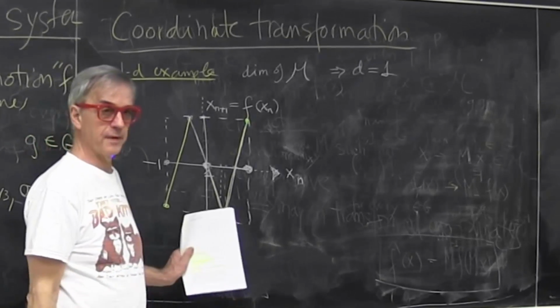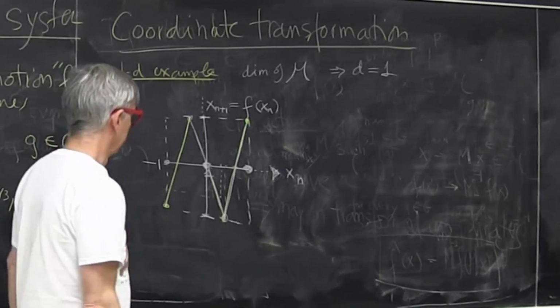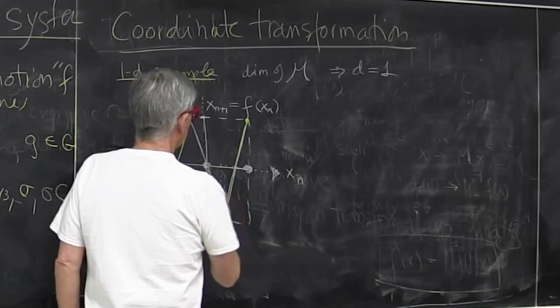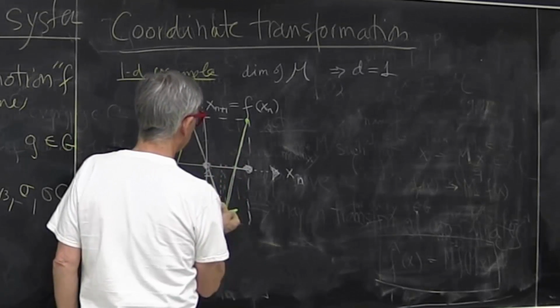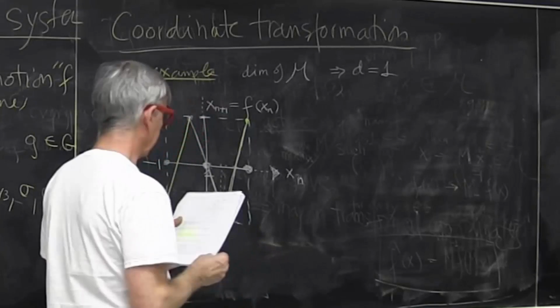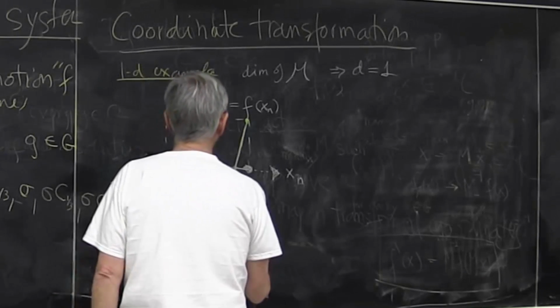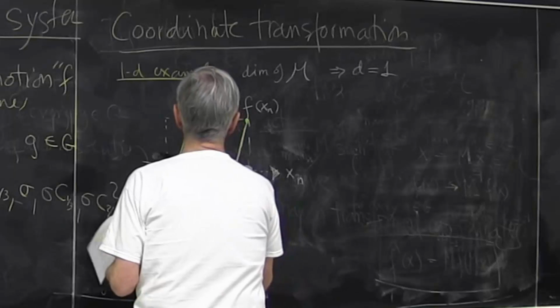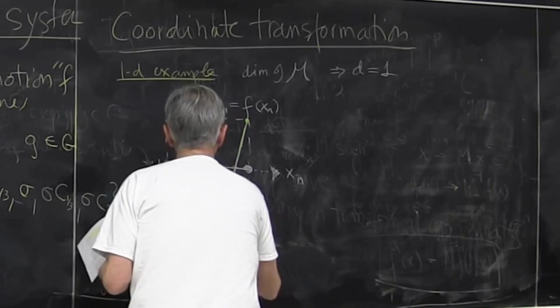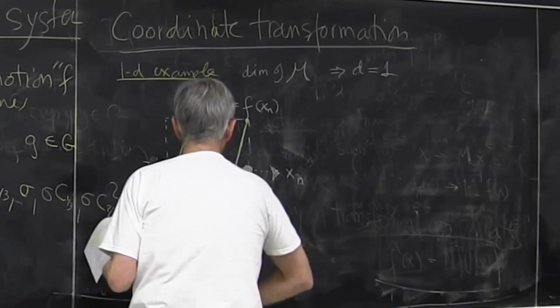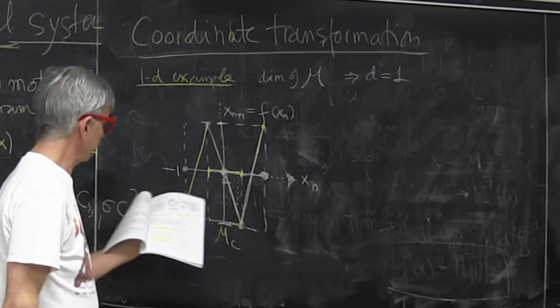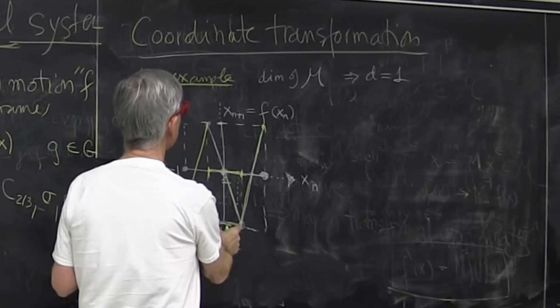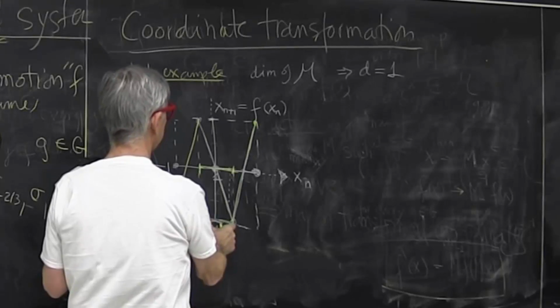So are you okay with this map? Do you know what it does? So from here I can divide my world into 3 regions. This region here, which I'll call the central region M_C, this interval. If I'm in this region, then this linear map applies.